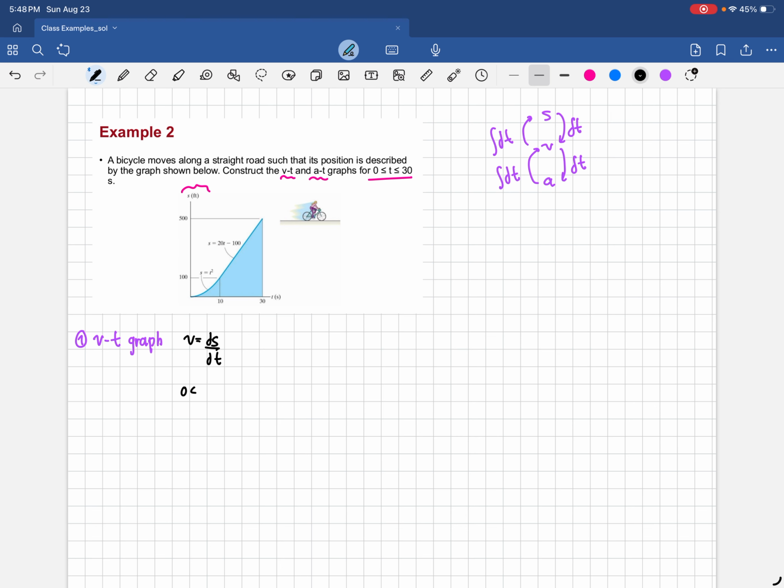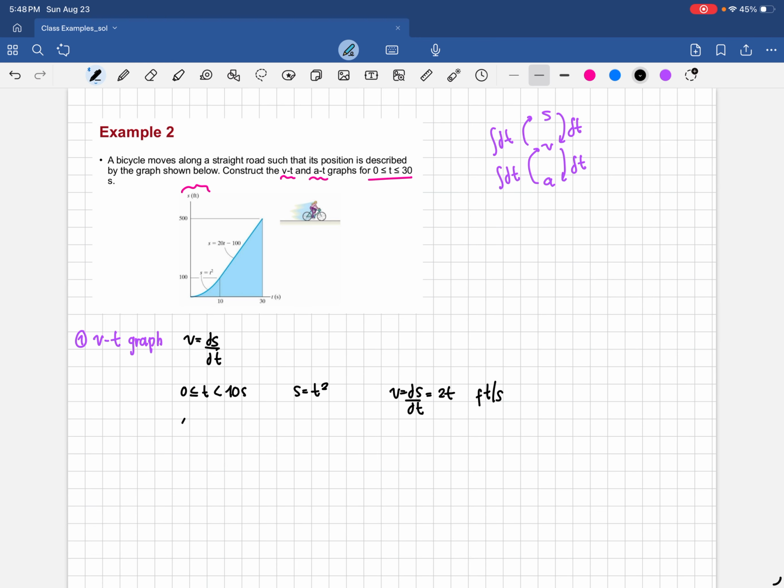We have an interval between 0 and 10 seconds. The function here is equal to 5t squared. So my velocity is just the derivative of that, which in this case will be 10t. Velocity, feet per second.